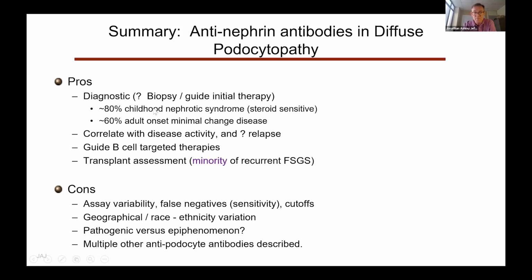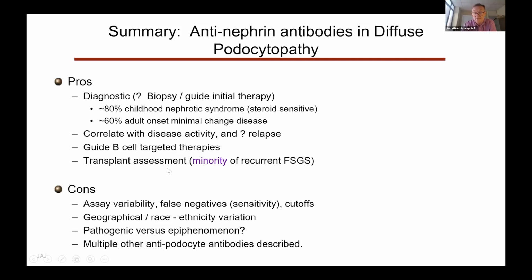We know that it occurs in about 80% of childhood nephrotic syndrome, mostly steroid sensitive, and maybe 2/3 of adult onset minimal change disease. There does seem to be some correlation with disease activity and also possibly with relapse. Maybe it allows us to guide some B cell targeted therapies, and I'll talk about that very briefly.